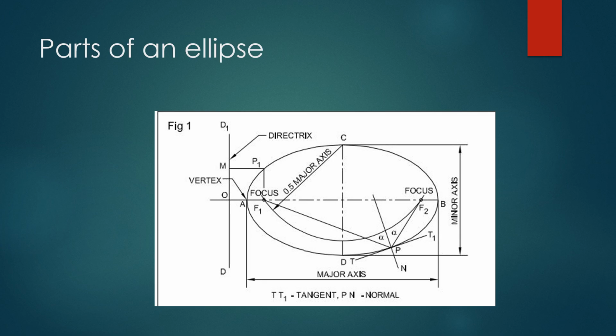The other important part of an ellipse is the focus. In our case it is noted by F1 and F2, because an ellipse also has two foci.